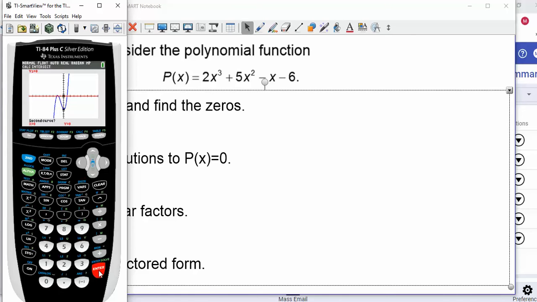First curve enter, second curve enter. Guess if I get close to this first one. It tells me it is at negative 1.5. Why is mine telling me negative 2?